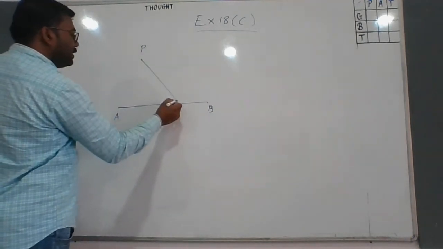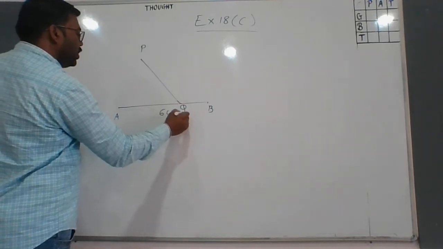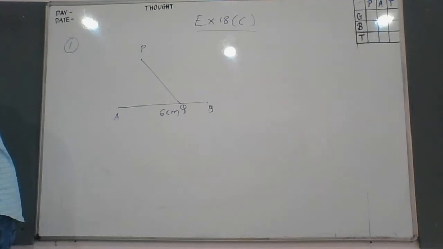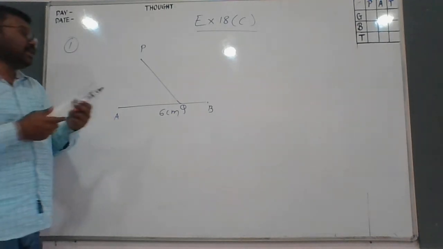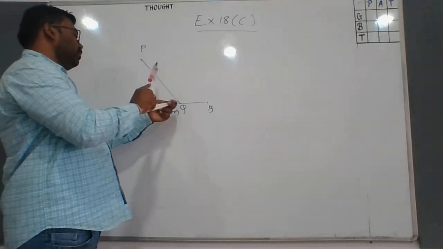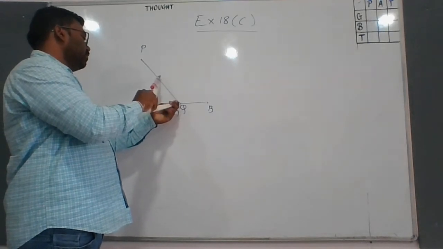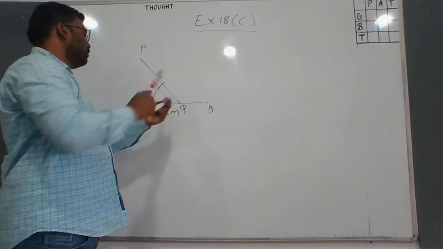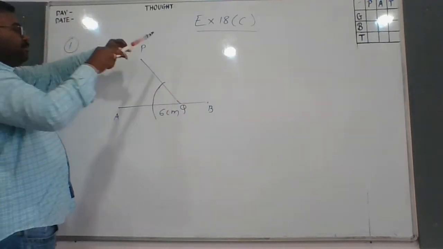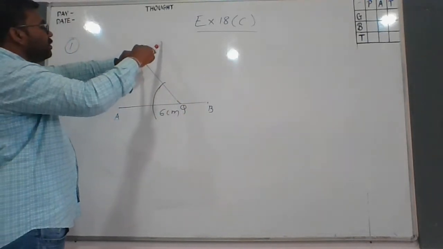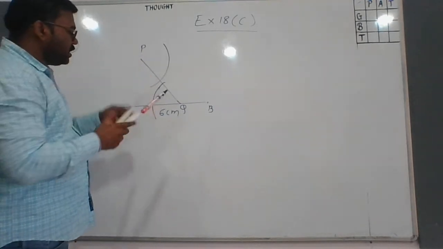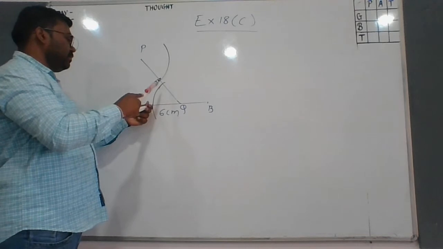Draw one of the slanted line here, let it be Q, and construct the congruent angle, as we have done earlier also. Put the pointer on Q, draw the arc. Same, put the pointer on P, draw the arc. Now measure the distance between these two arcs.